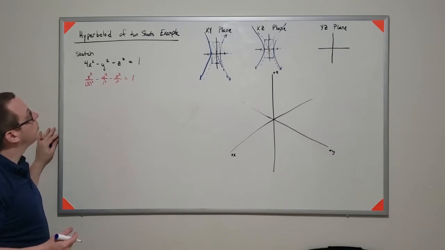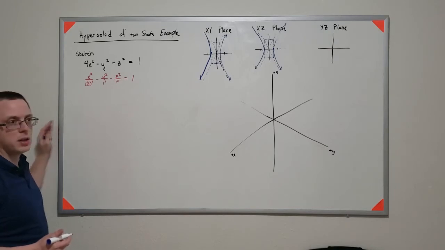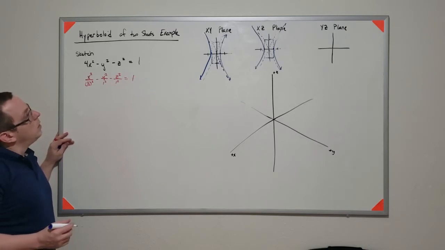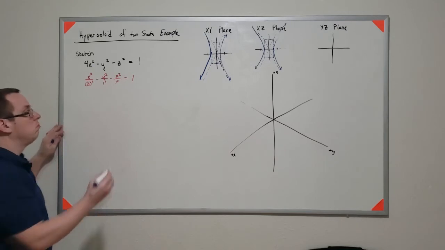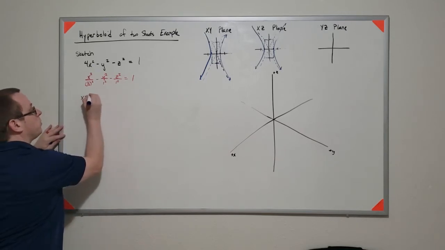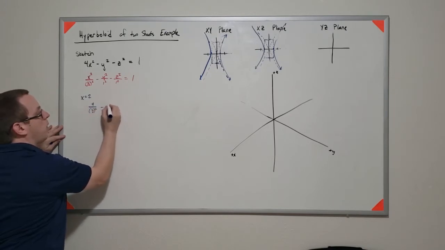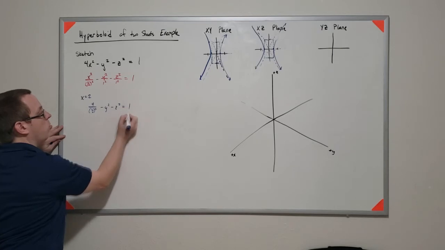Let's see, what can we do here? Let's pick values for x. Let's say x is equal to 2. So that's 4 over (1/2) squared minus y squared minus z squared equals 1.